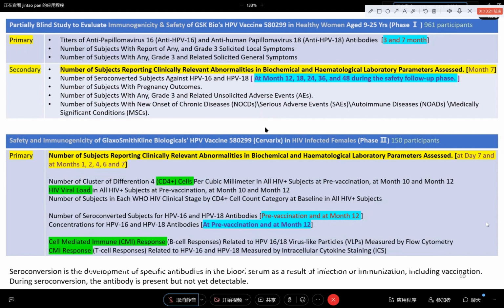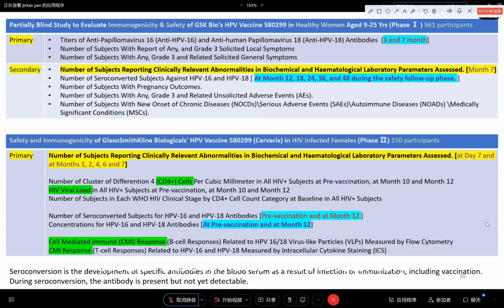So now, the primary is what you want to know, which is directly related to the vaccination. But when you go into secondary, it's other things that we think might happen, but we are not sure. So for sure, we will know whether we're going to get antibody titer, and for sure we'll know whether there is a direct adverse effect or not.